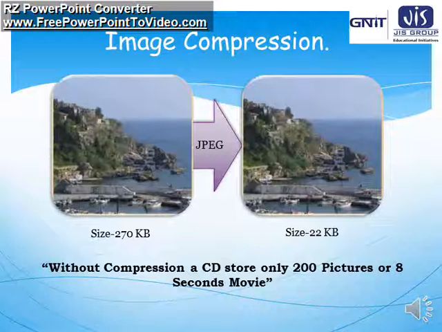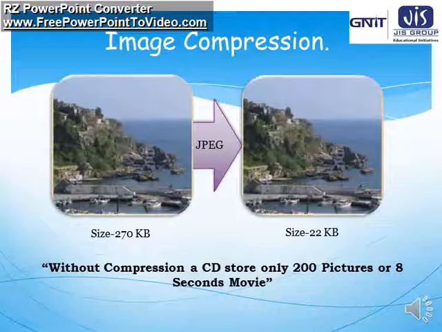If we take an example, without compression, a CD can store 200 pictures or an 8-second movie, but by compression we can definitely store more number of pictures. So from here we can have some idea about image compression.